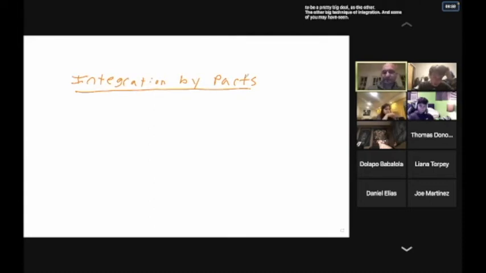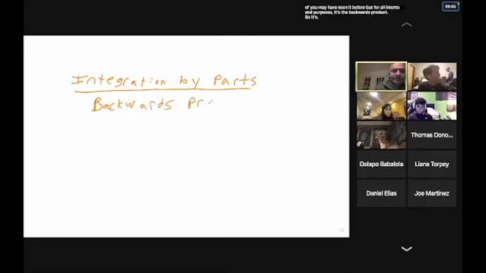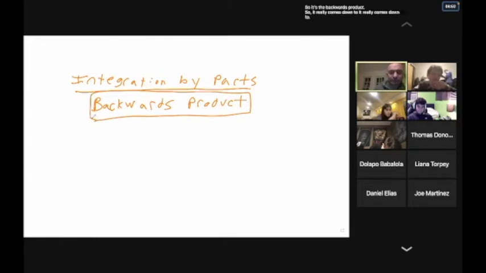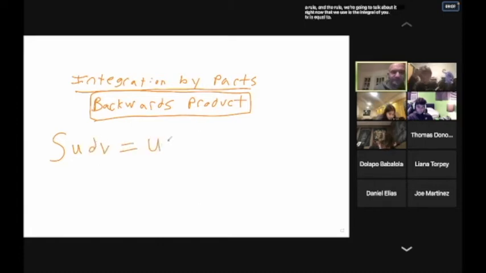And some of you may have seen it before, but for all intents and purposes, it's the backwards product rule. So it really comes down to a rule, and the rule I'm going to talk about right now that we use is the integral of u dv is equal to uv minus the integral of v du.